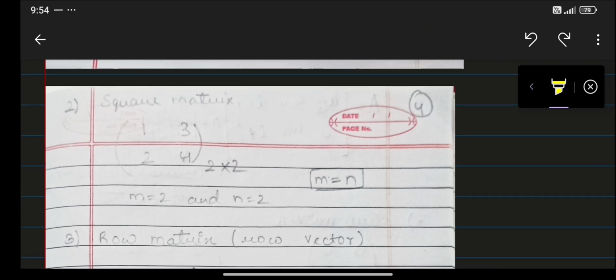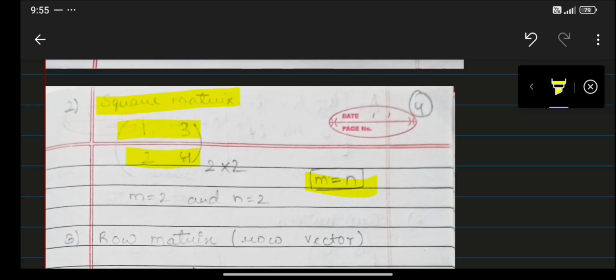Now, a square matrix can be thought of as a special kind of rectangular matrix in which the number of rows is equal to the number of columns. So for example, we have a matrix in which there are elements 1 and 3 in the first row and 2 and 4 in the second row, right?